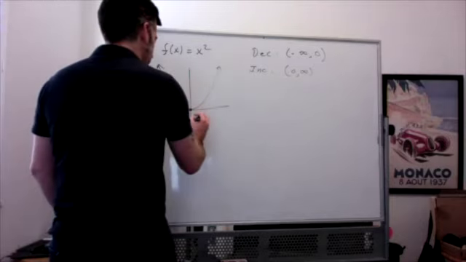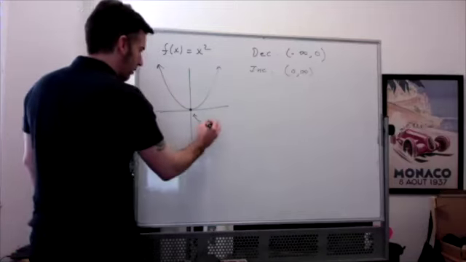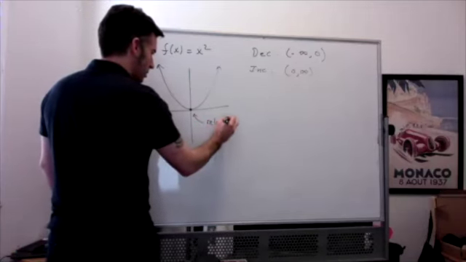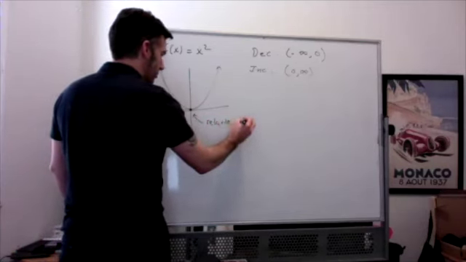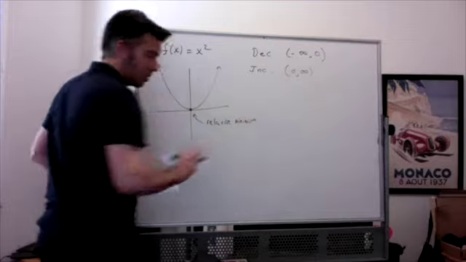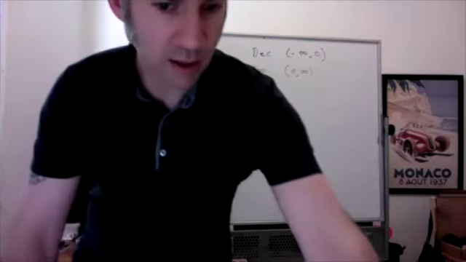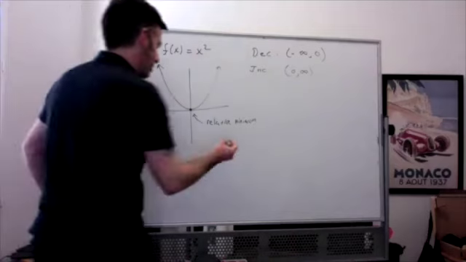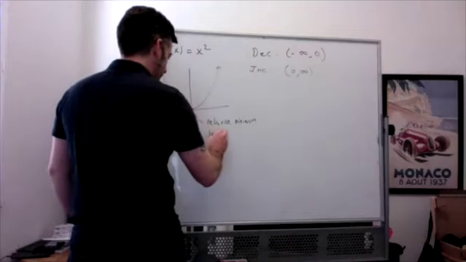So this point here is called a relative minimum. You could also call it a local minimum. So relative or local, same idea.